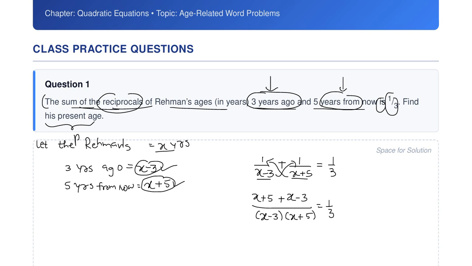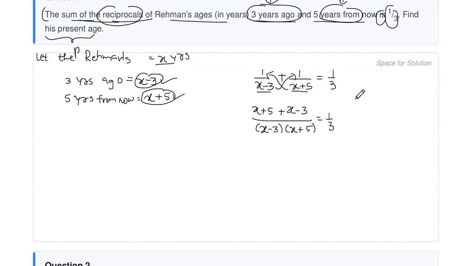If we solve the numerator and denominator, in the numerator x plus x is 2x, 5 minus 3 is plus 2, divided by x into x, x square, x into plus 5, plus 5x, minus 3 into x, minus 3x, minus 3 into plus 5, which is minus 15, is equal to 1 by 3 as it is.